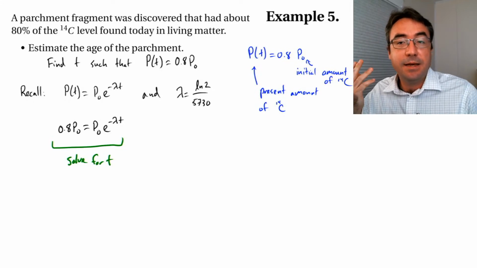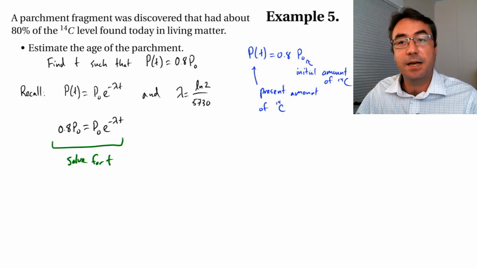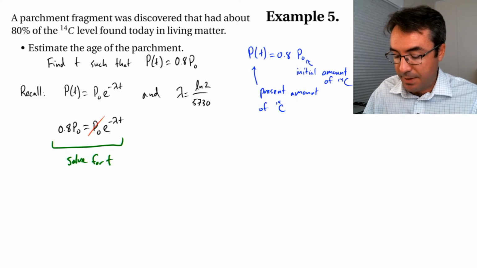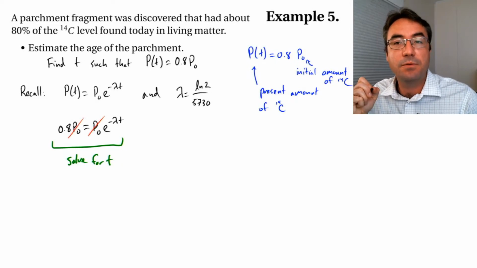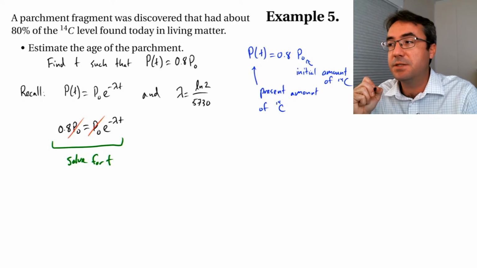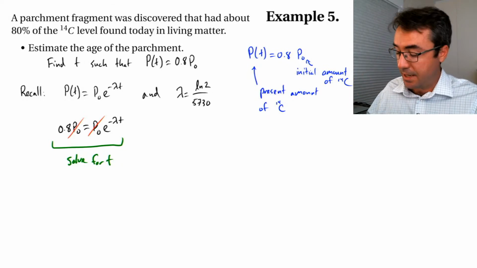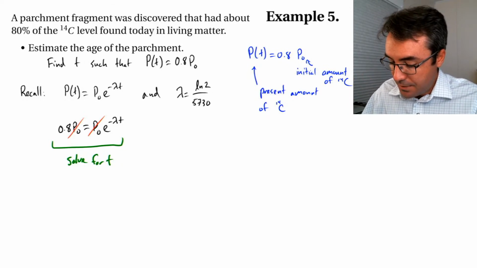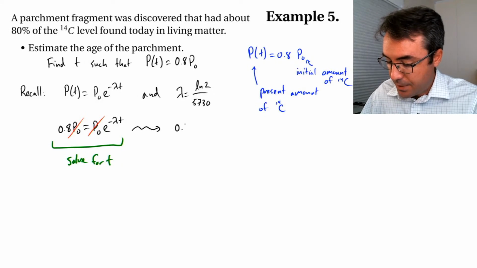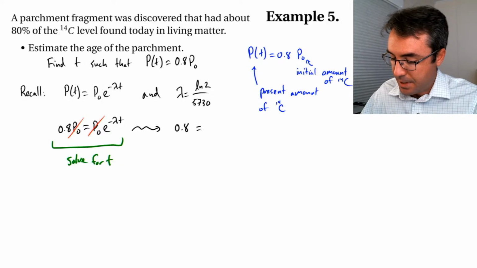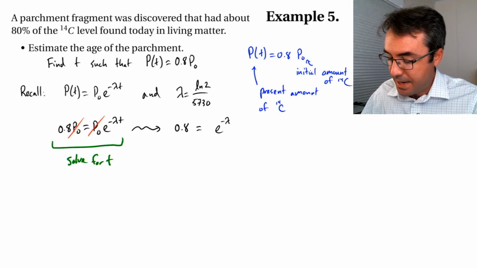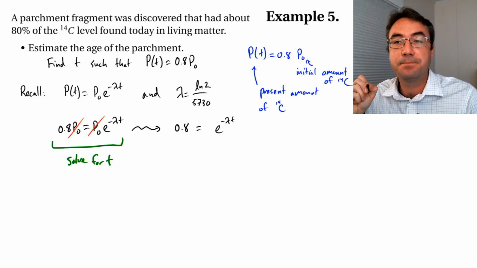We want to get the exponential term by itself. So first thing, divide both sides by the number in front of the exponential. So the P0 cancels off in this case. This gives us the equation 0.8 is equal to e raised to the negative lambda times t.